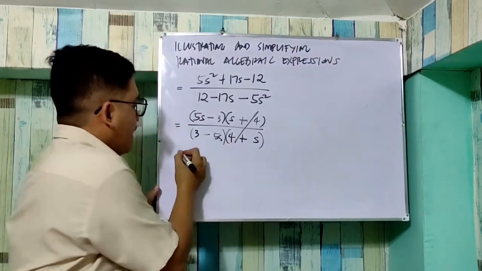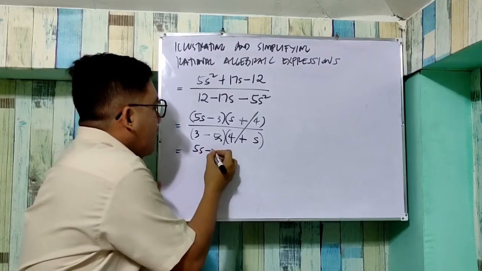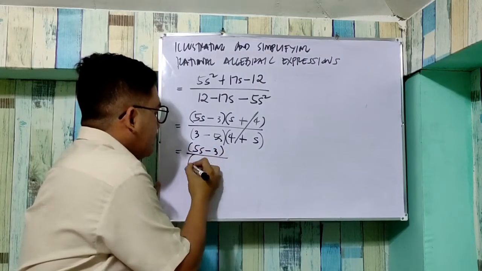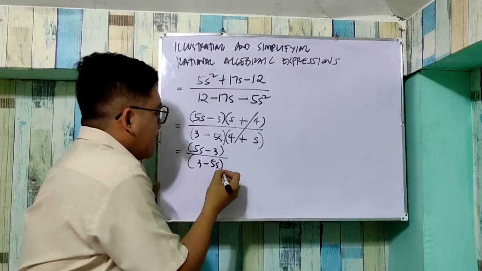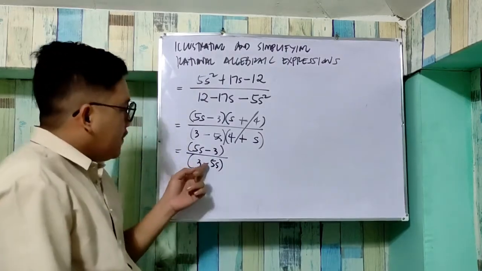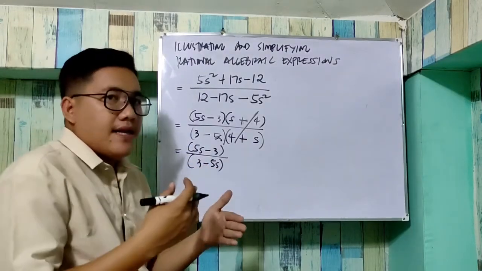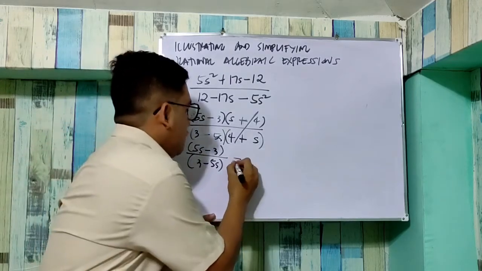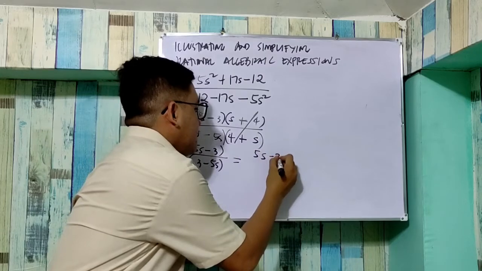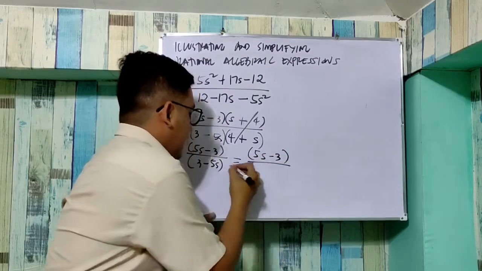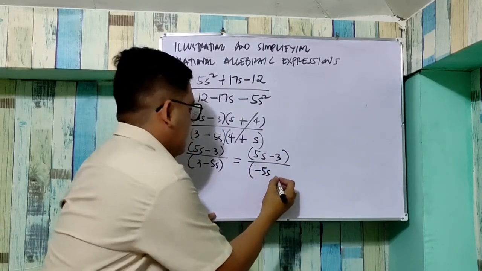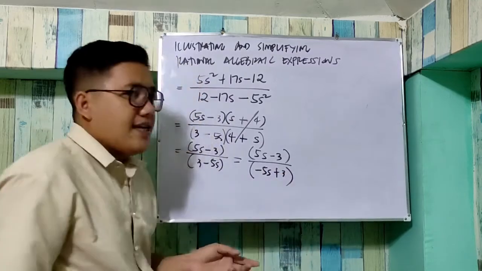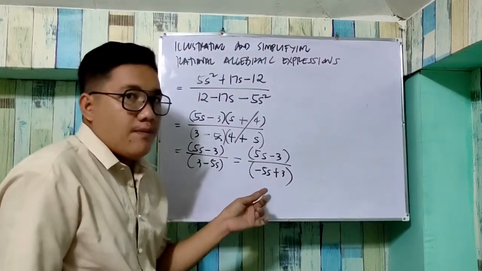We have here common factor. Ang matitira na lang, 5s minus 3, 3 minus 5s. Itry muna natin itong ipagpalit ng posisyon. It will not affect the sign. Magiging siyang negative 5s, positive 3. Let us try to use the commutative property.